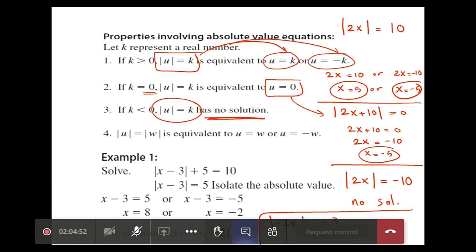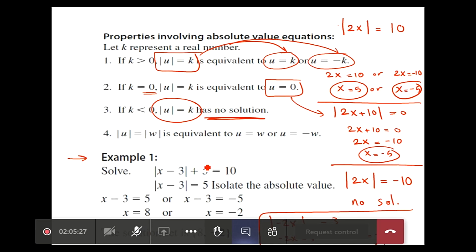Solve it like this. We have negative 2x equals 3, negative 2x equals negative 3, no problem. By dividing by negative 2, x equals minus 3 over 2, x equals 3 over 2. Okay? No problem, take it as it is. Just remove the absolute value and put the other side positive and negative. Muhammad, inshallah I answered you.